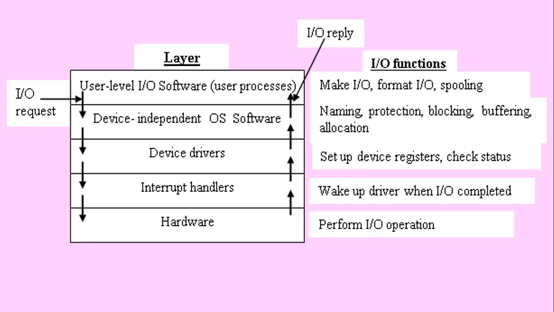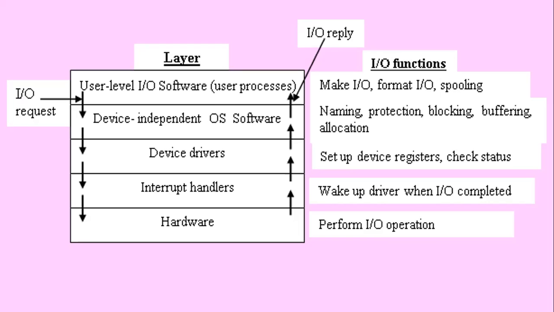And then the interrupt handlers pass the request to the hardware layer, which performs the I/O operation as requested by the user through the user processes. Once the hardware has received the request, it then gives back an I/O reply. The hardware layer gives feedback to the interrupt handlers, which then forward it to device drivers.